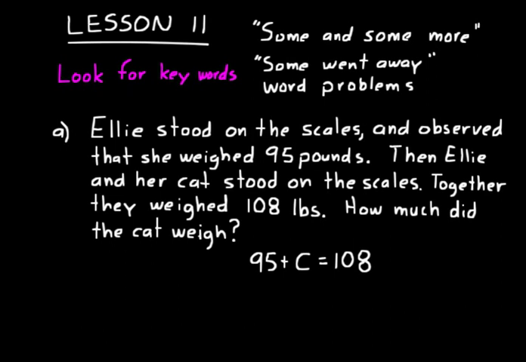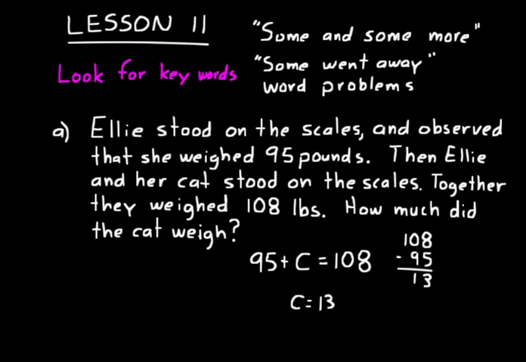You have to find a missing addend. And remember from Lesson 3, you learned that subtraction undoes addition. So we could figure out how much the cat weighed by just doing subtraction of 108 minus 95, and we'd end up with 13. So that's how much the cat weighs.